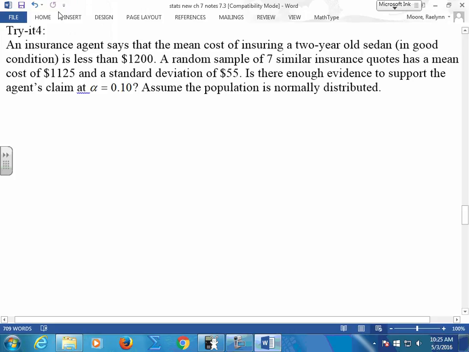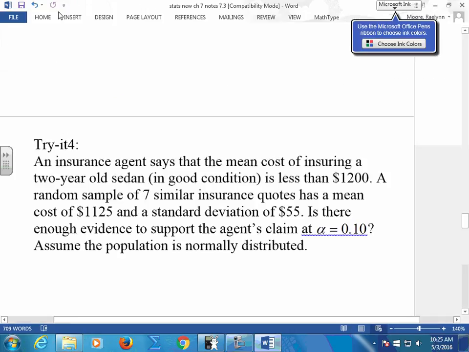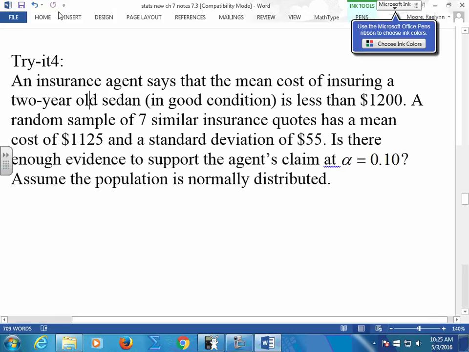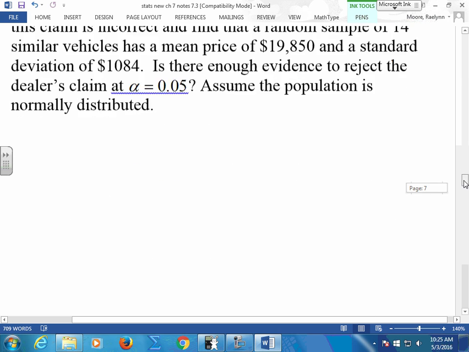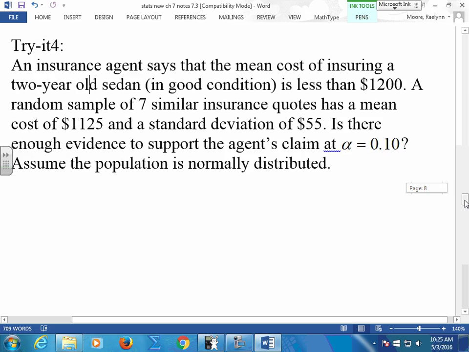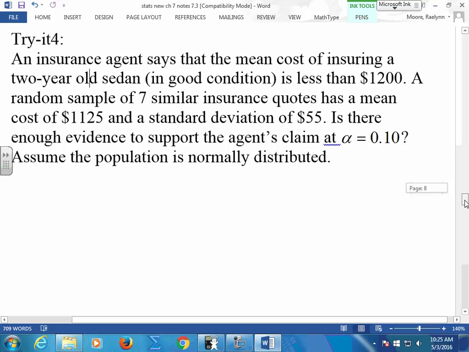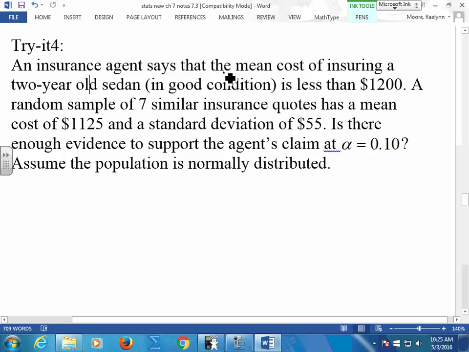Alright, so we start and we say that the insurance agent says that the mean cost of insuring a 2-year-old sedan is less than $1,200. Mean cost, less than $1,200.